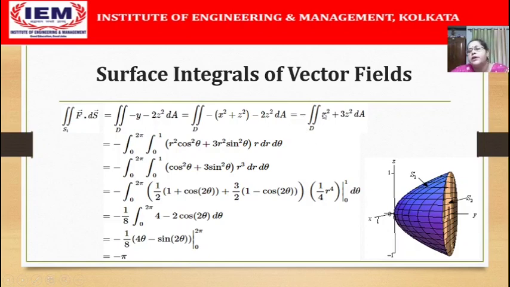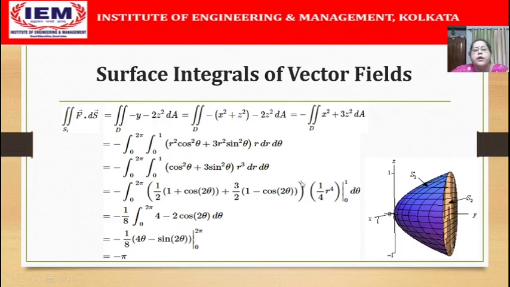And what is D? We see very clearly that the projection of this surface S1 on the xz plane is nothing but this unit disk. So we transform the coordinates into polar coordinates and take x as r cos theta and z as r sin theta.